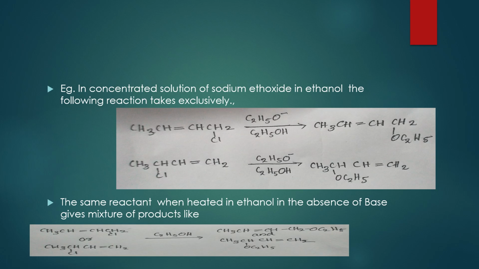If you take 3-chloro-1-butene also, you will get the same mixture of products, because both substrates, when they undergo heterolysis, give allylic cations, and once this allylic cation is formed, it can undergo rearrangement.